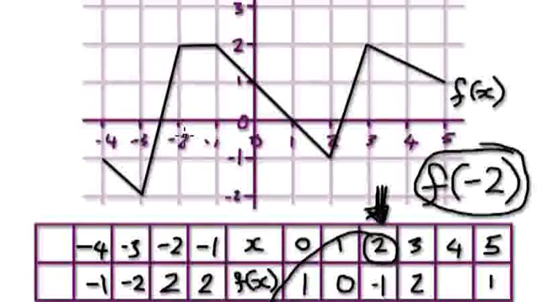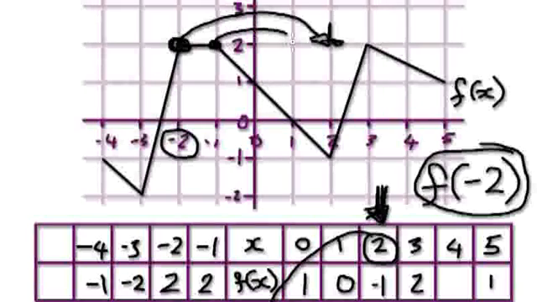So f of negative 2 is here. What goes on when x equals 2 is this point being moved to over here. So earlier this point gets moved to here, and now this point gets moved to here.